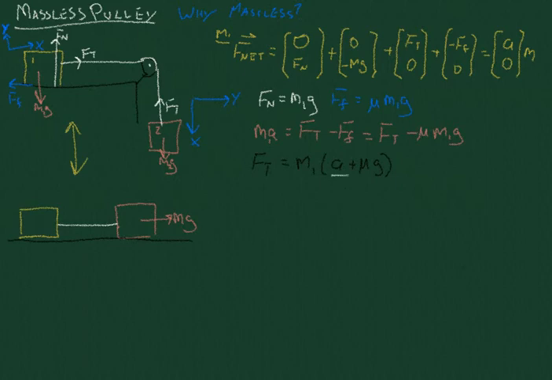So now I look at mass 2, and I say the net force F net is equal to, since I've defined this as my x direction, m2 g in the x direction, 0 in the y direction, plus the tension, which is minus F t in the x direction, 0 in the y direction, and this is equal to m2 a in the x direction and 0 in the y direction.